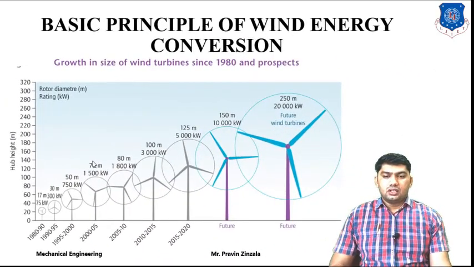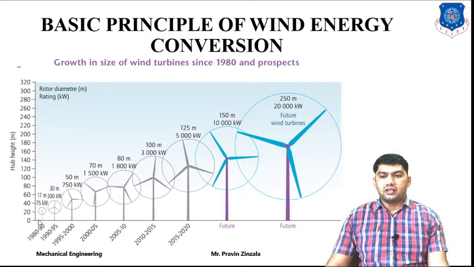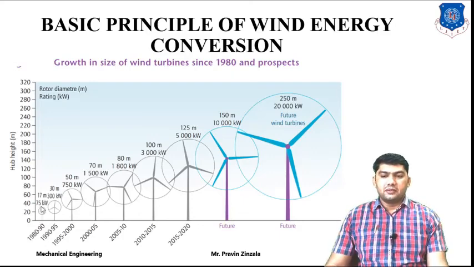This is also a comparison between different diameters of wind turbines. Day by day, technology is improving in wind turbines. This chart shows hub height in meters, from 0 to 320, rotor diameter, and rating power in kilowatt. From 1980 to 1999, we generally used a 17 meter rotor diameter, and the power output was 75 kilowatt.